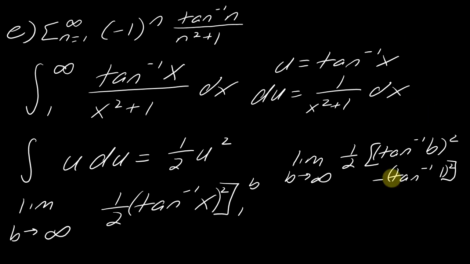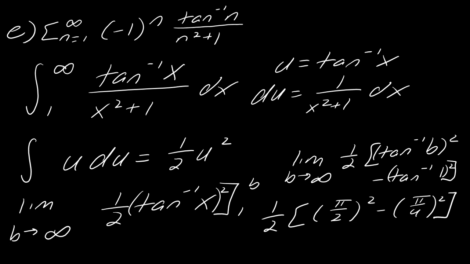Inverse tangent has an asymptote. So I know that this limit is going to turn into 1/2, the asymptote is at pi over 2. And then inverse tangent of 1 is pi over 4. So here's what I'm left with, and this is going to simplify to pi squared over 8 minus pi squared over 32.